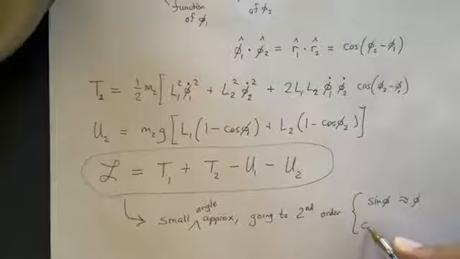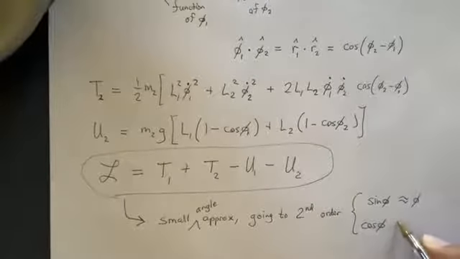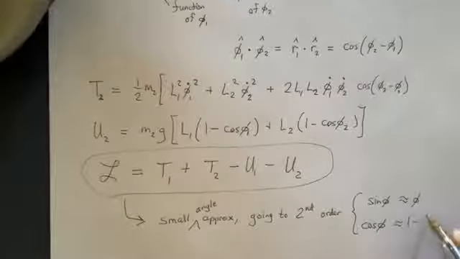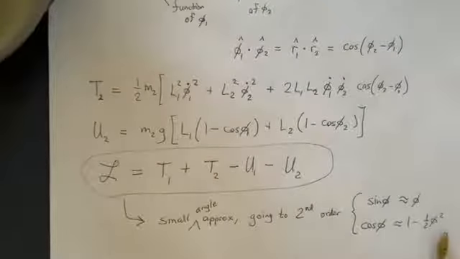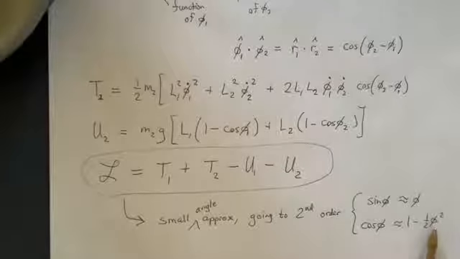The cosine, okay, so there it is. We've gone to second order. Here for the cosine, we do have something interesting going on. Remember, we've done a lot of calculations where we go to first order, but the overarching principle is that those were times where we already had the equations of motion, differential equations that you solve to get the motion of the system. Here we have the Lagrangian, and we must go to second order because we're going to differentiate this to get the equations of motion.